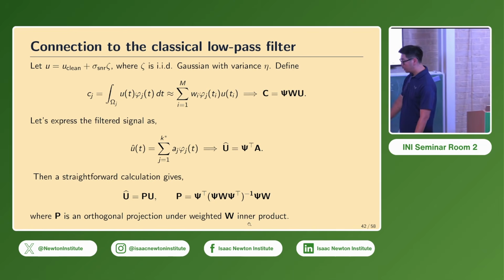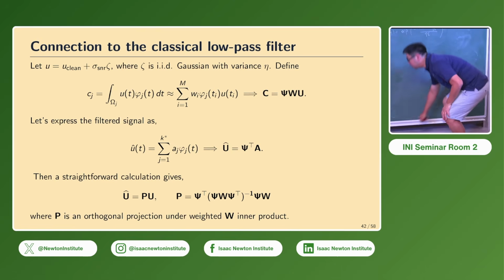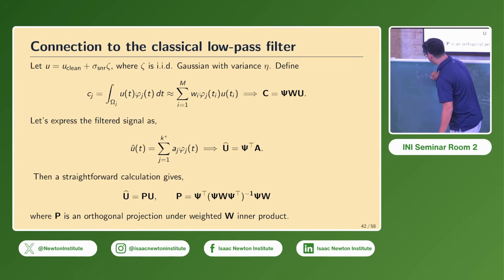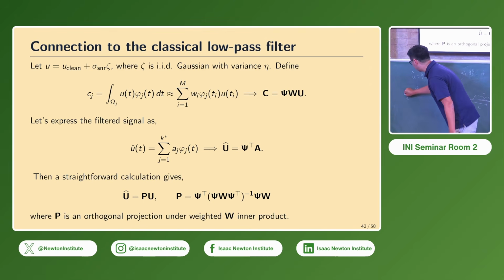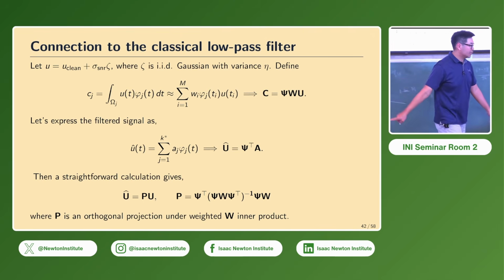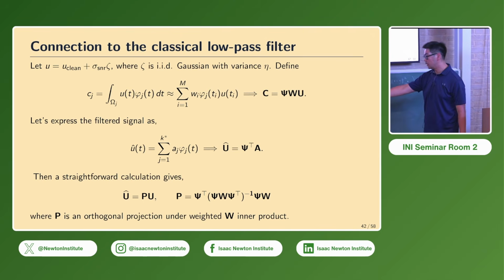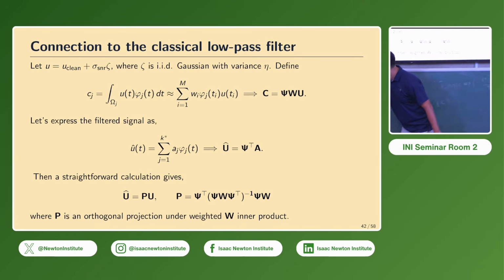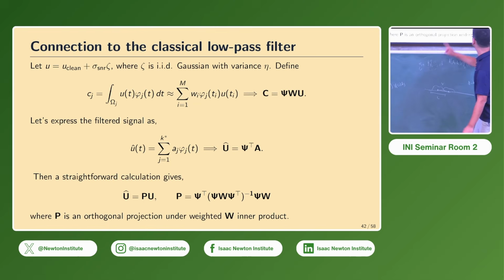So that u hat equal to P of u is somehow a discrete approximation of u hat equal to some integral of some filter of your noisy data. That's a low-pass filter. If you look at the low-pass filter literature, that's exactly what it is, and here we're just characterizing the filter like this.